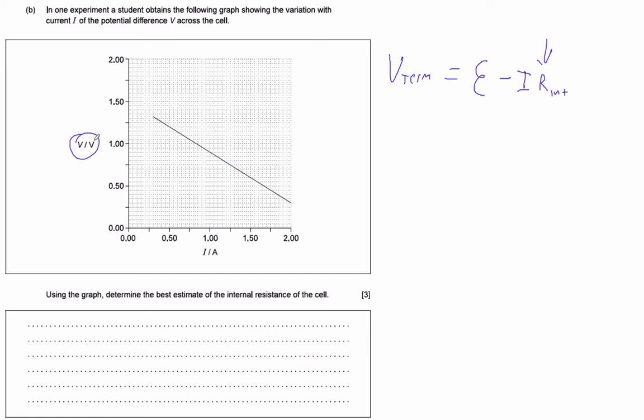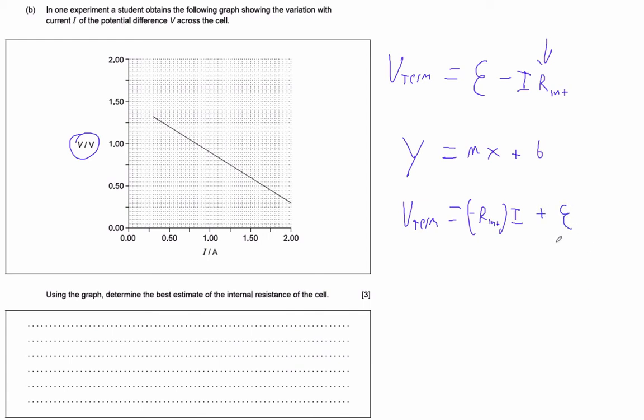So we're graphing this now. If we look at this, it's like y equals mx plus b. Let's write this: E terminal is equal to negative R internal times I plus EMF.